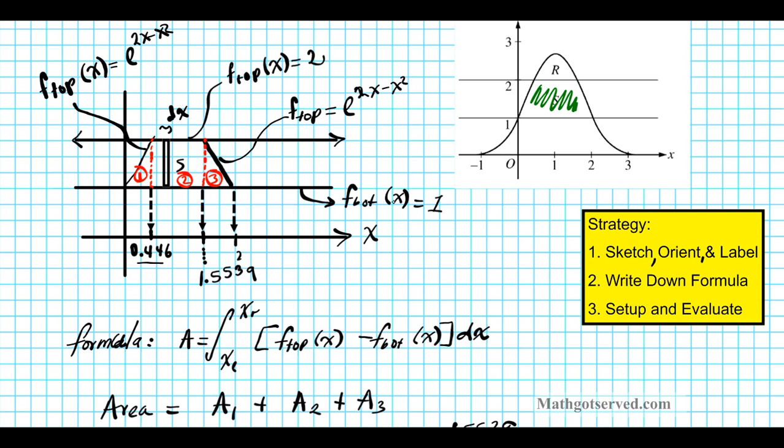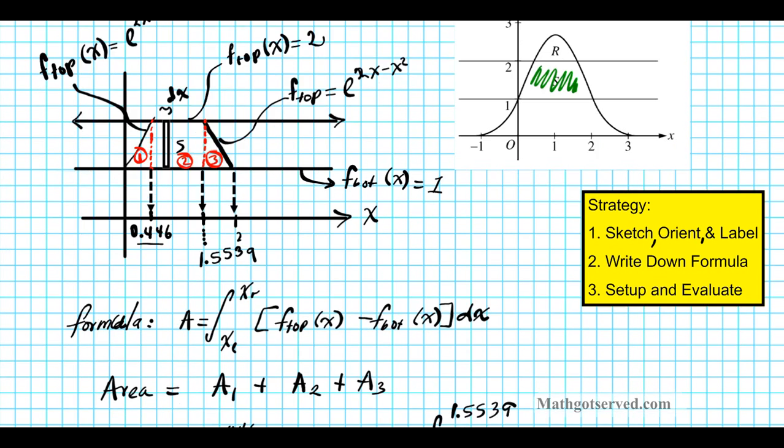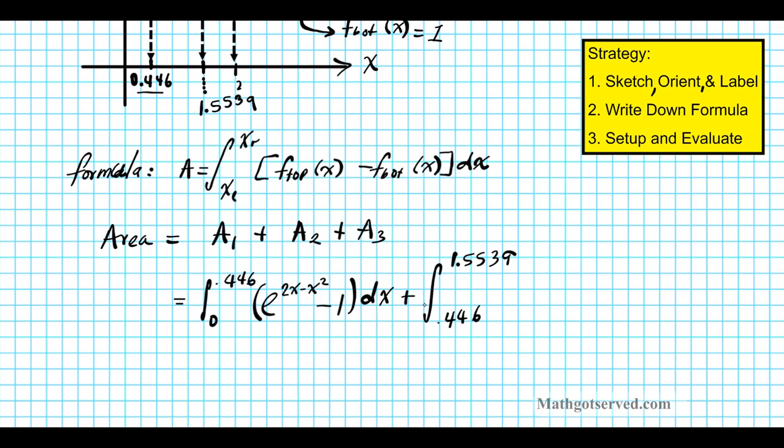F top is going to be 2, f bottom is 1. This is a rectangle, okay? So an easy way to do this would just be to find the area of this rectangle, 1 times the length of the rectangle, or we can set it up using integrals. F top is going to be 2 minus f bottom, which is 1, dx.